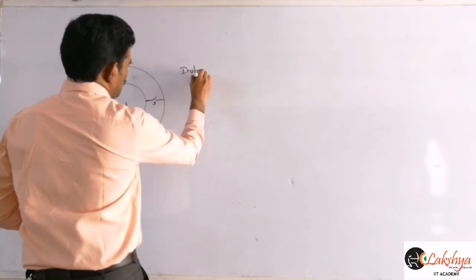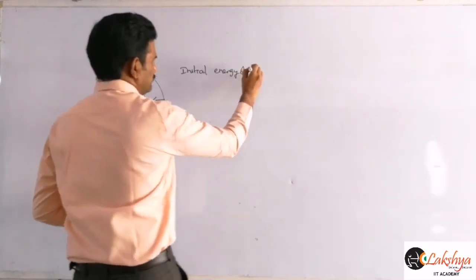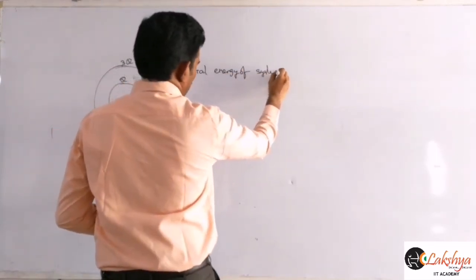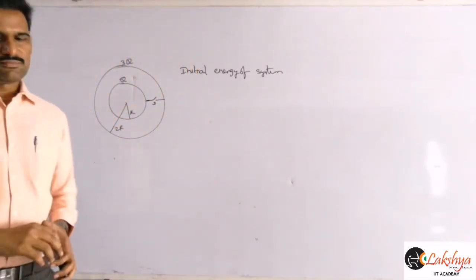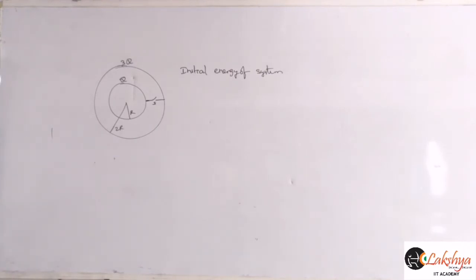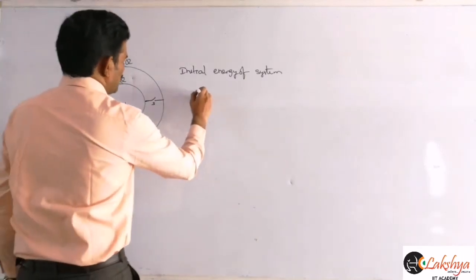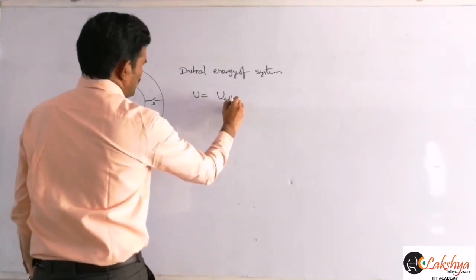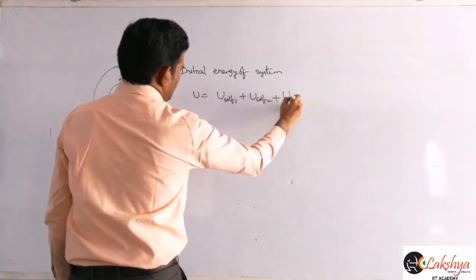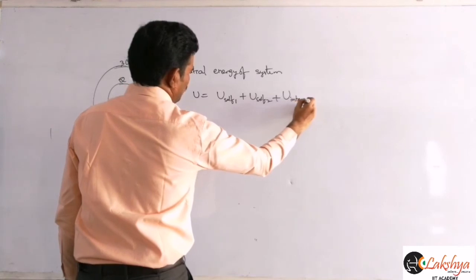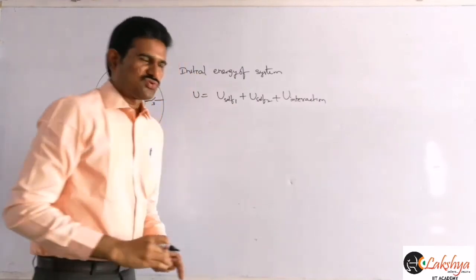So the initial energy of the system is nothing but the self energy of 1 plus self energy of 2 plus the interaction energy between those two charges.